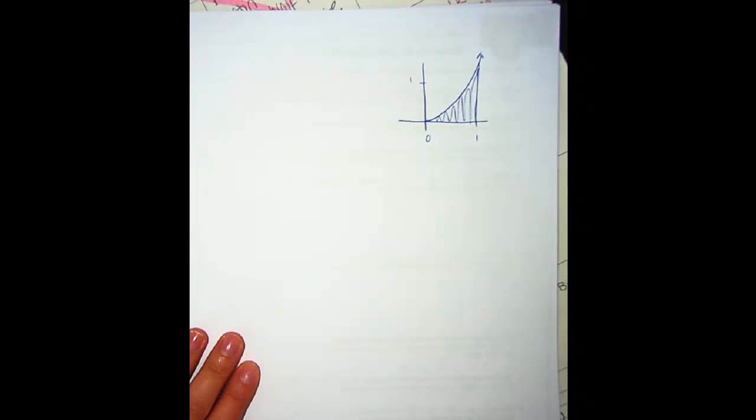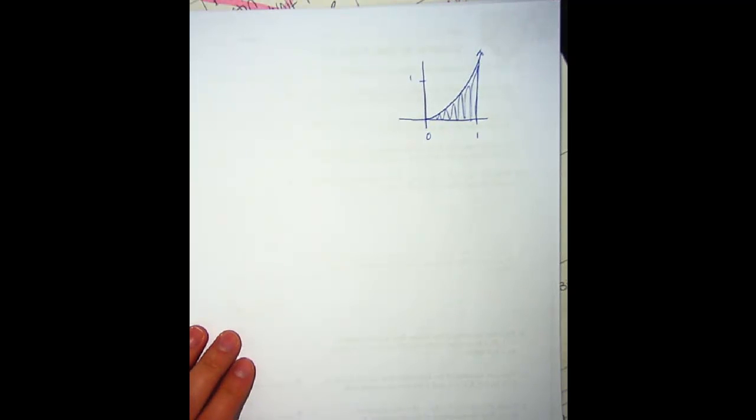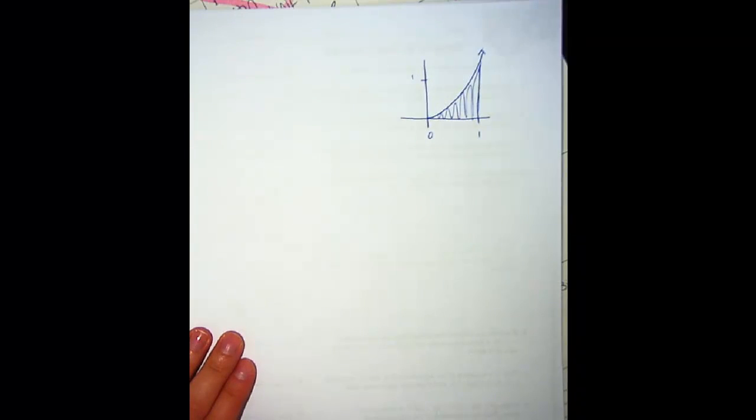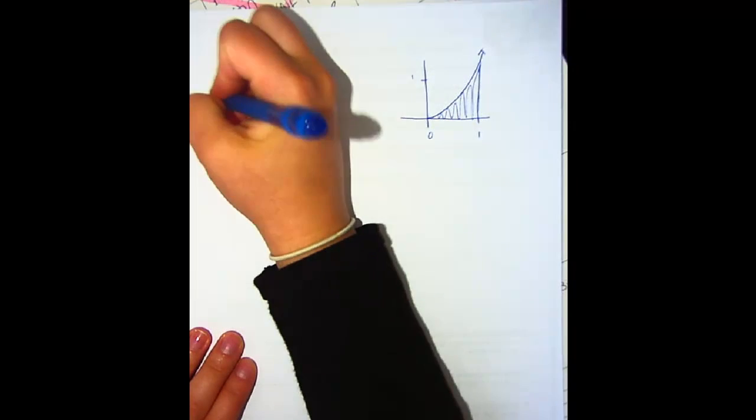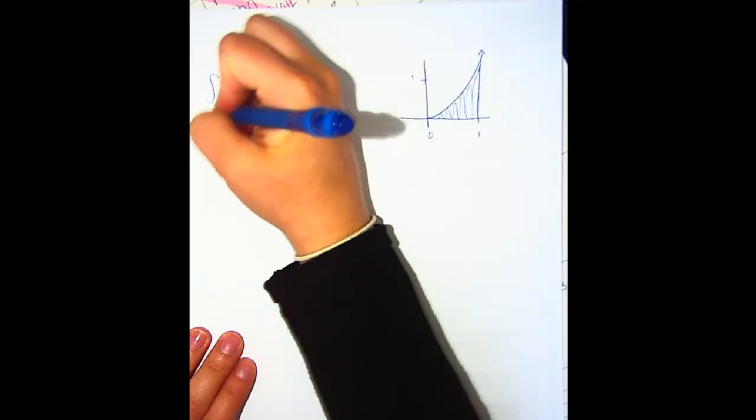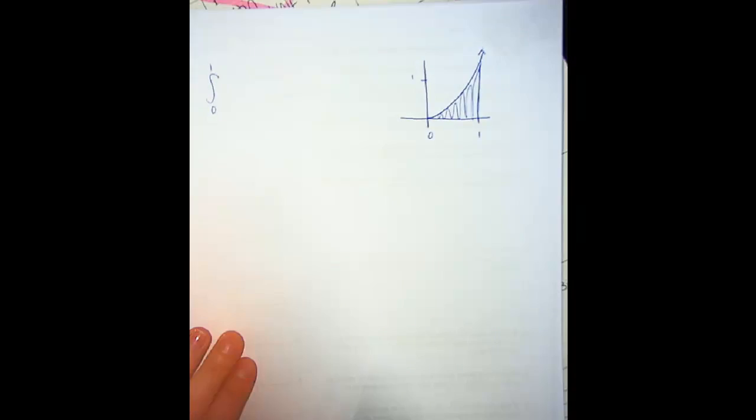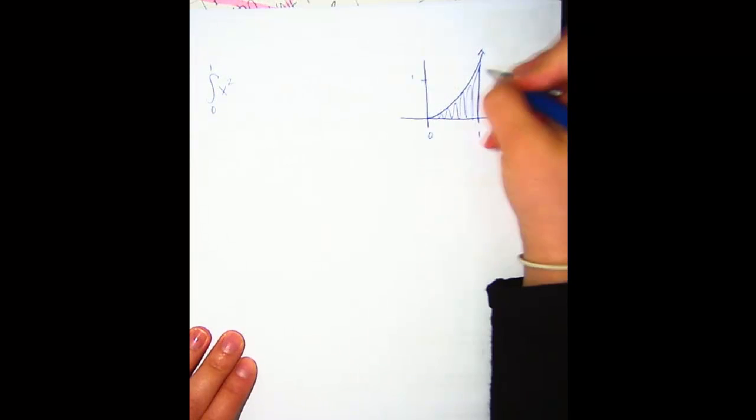Right? So how do we find all of that? Well, we're going to take the limit of the sum, okay, of all the rectangles that we could fit in there, as many as possible. So let's start out by writing out our integral formula. So it'll be the integral from 0 to 1, okay, of x squared, because this is y equals x squared.